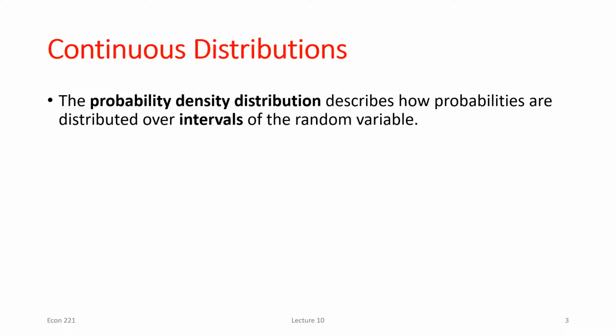So it's going to tell us the probabilities of seeing this random variable take on values across a certain range. So before it gave us the probability of seeing one specific value. Now this probability density distribution is going to be kind of like a probability mass function, but it's going to give us the probability over a certain range of values.